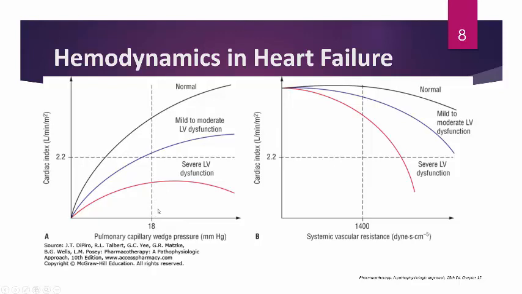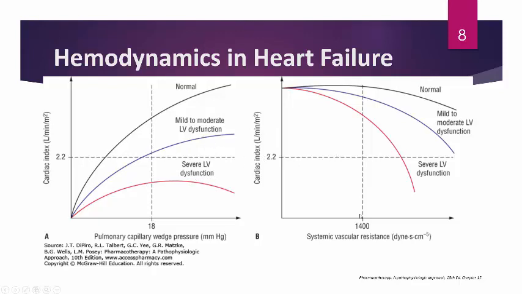And a capillary wedge pressure, or pulmonary capillary wedge pressure, also known as a pulmonary artery occlusion pressure, which we previously talked about, is essentially a measure of volume. So amounts greater than this 18 right here can potentially signify volume overload or pulmonary congestion. And this can get worse with severe LV dysfunction.